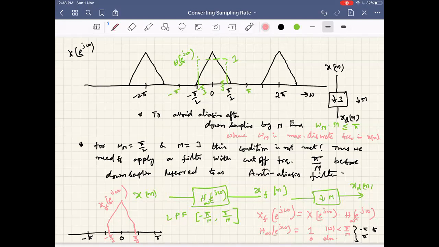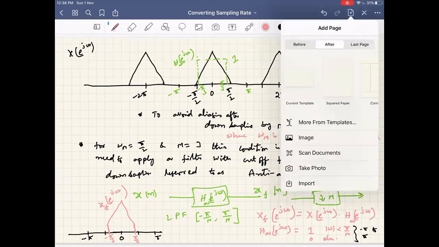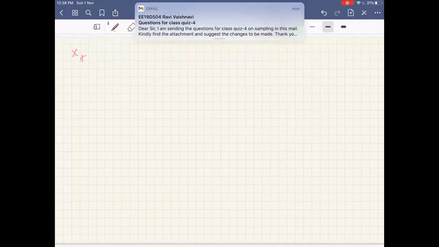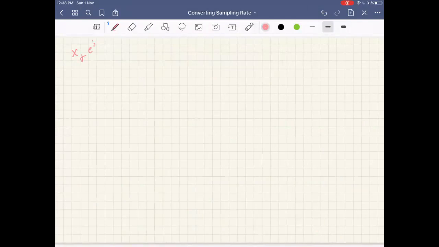Let us complete that discussion of downsampling after filtering by 3 times. So I will directly sketch here Xf of e power j omega.